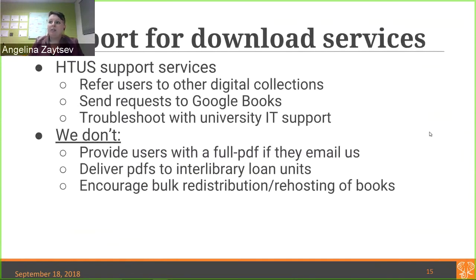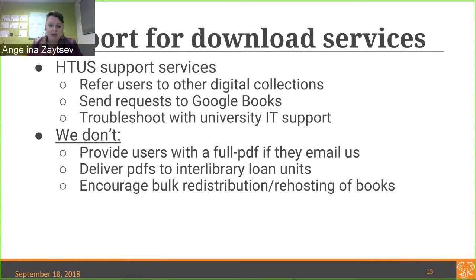Then, in addition to the things that users can do on the website, users can email HathiTrust user support, and we'll try to assist with download in a few different ways. In cases where the user is a non-member user, but they want a full PDF download, we sometimes try to find a different digital collection that has a copy of that book.